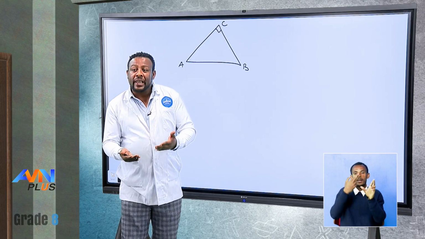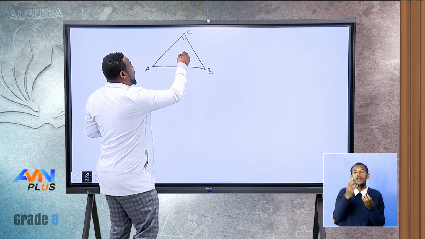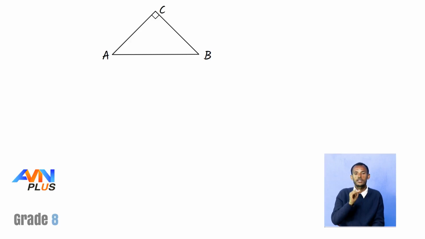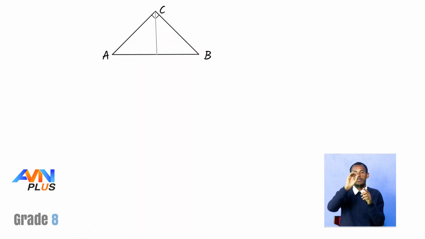So, in Euclid's theorem, we need to have one more side, which is the altitude drawn from this 90 degrees to the hypotenuse, forming a perpendicular, okay?